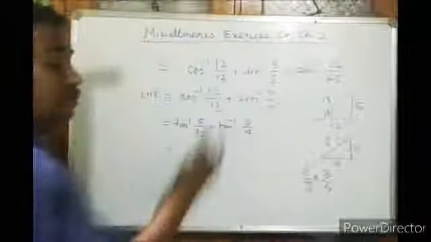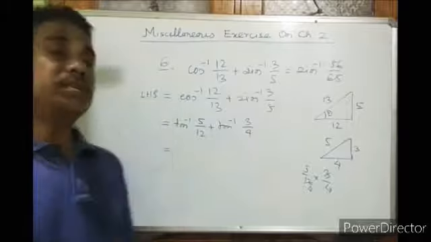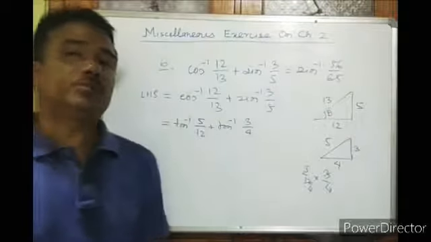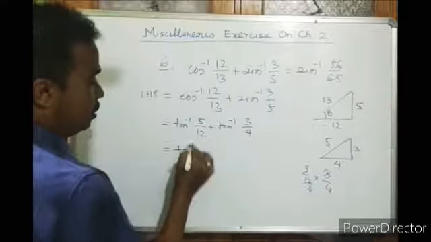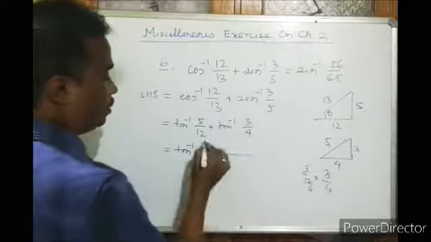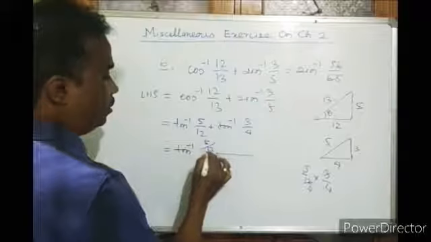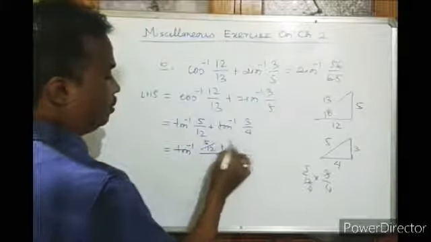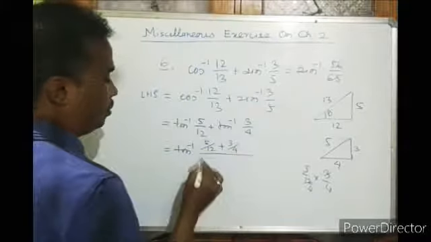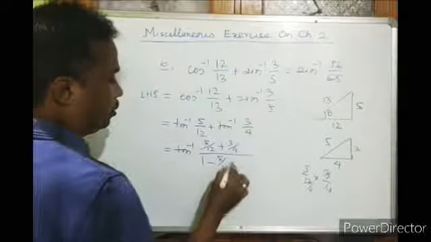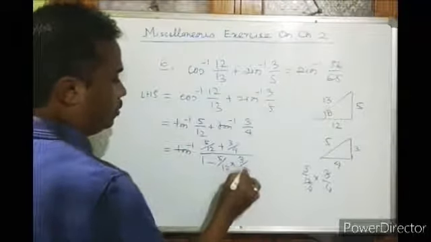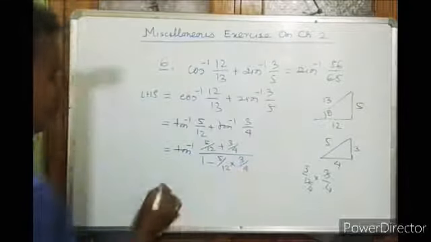So we can apply the formula tan inverse A plus tan inverse B is equal to tan inverse A plus B over 1 minus AB, that is 5 by 12 plus 3 by 4, over 1 minus 5 by 12 into 3 by 4.